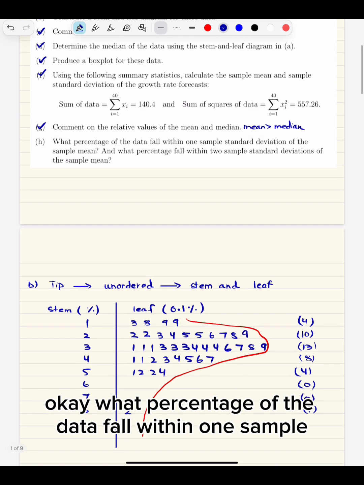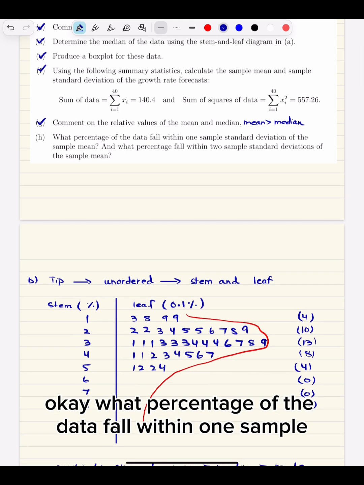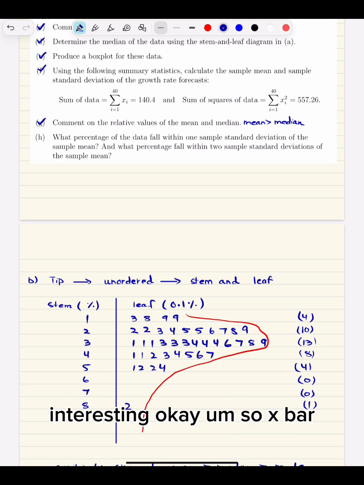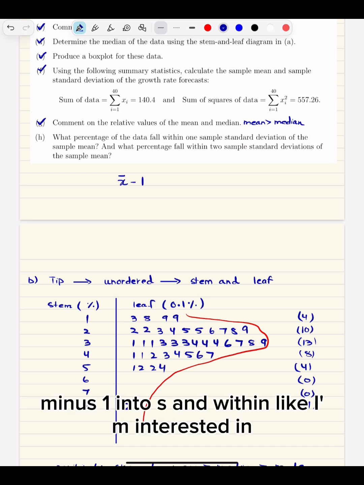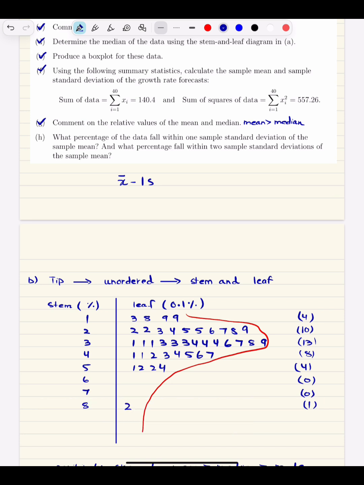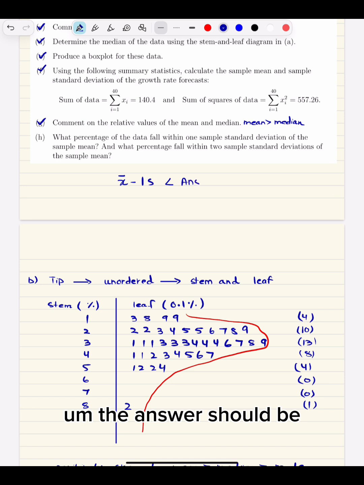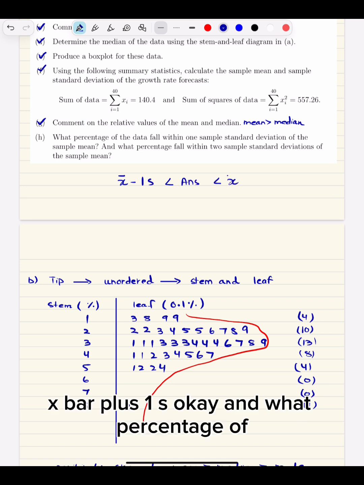Okay, what percentage of the data fall within one sample standard deviation of the sample mean? Oh, that's interesting. So x bar minus 1 times s, and I'm interested in what values lie between this and x bar plus 1s.